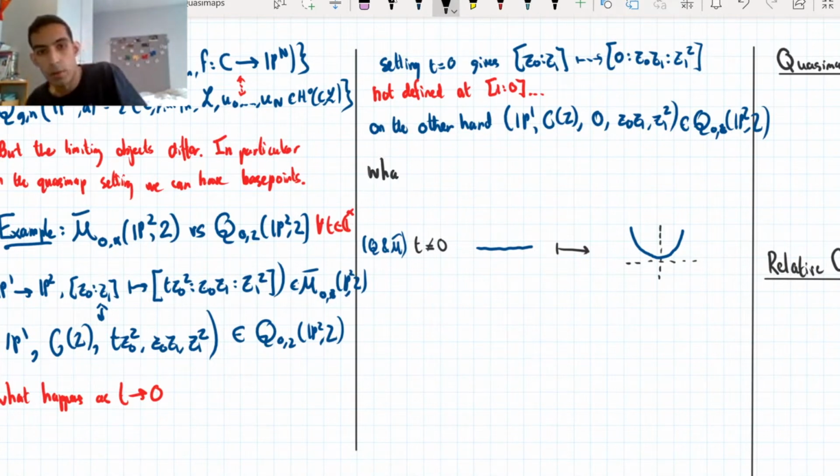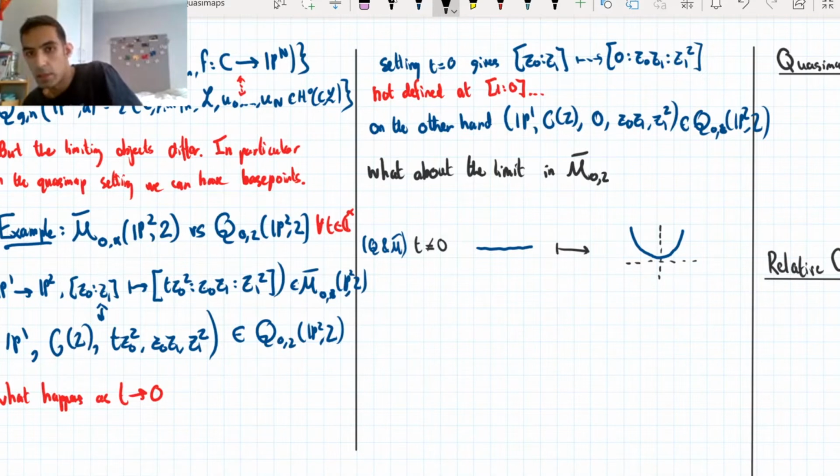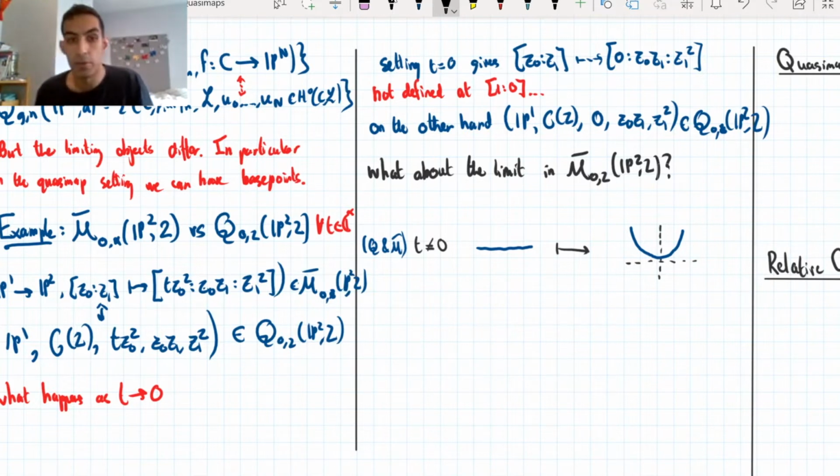But what about the limit in this Gromov-Witten setting? Before we said all of these moduli spaces are compact, so there has to be some limit. So I have some picture. When t is not 0, this is just like a degree 2 map from a smooth curve to P2.